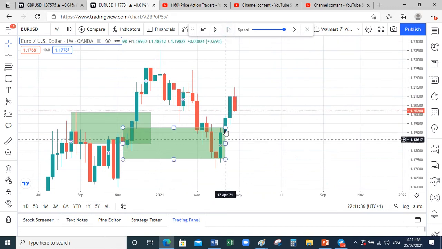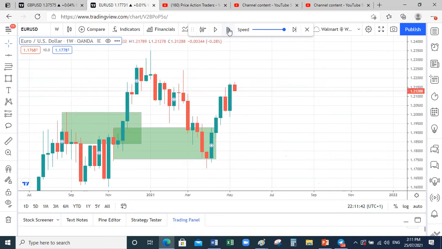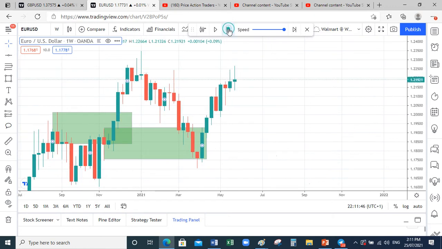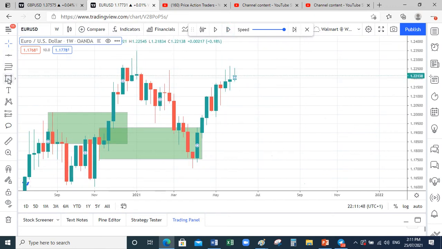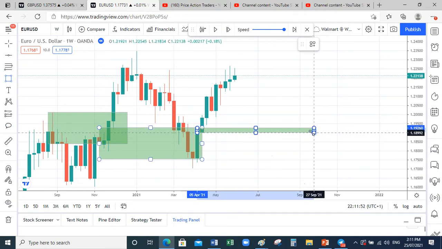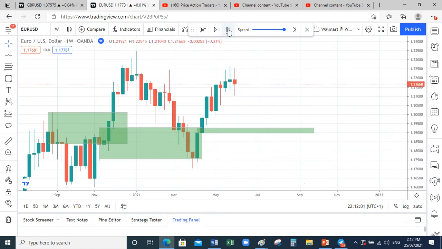Now look at price when price comes back inside. If we mark out this place, I'm going to mark out this place. You mark out each particular area here. You see as price bounces off there.